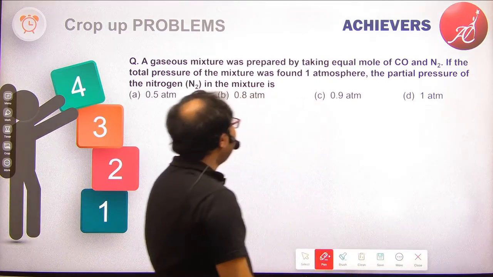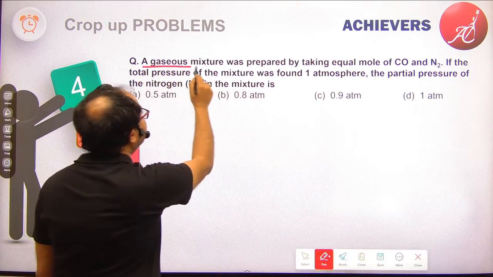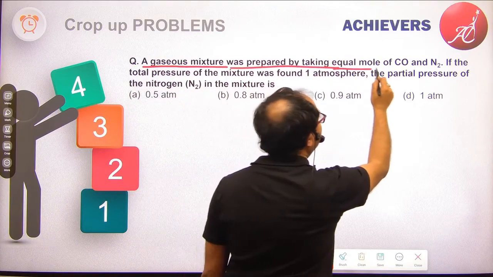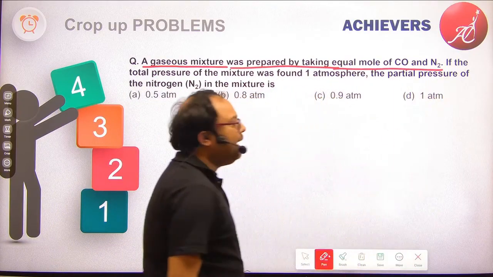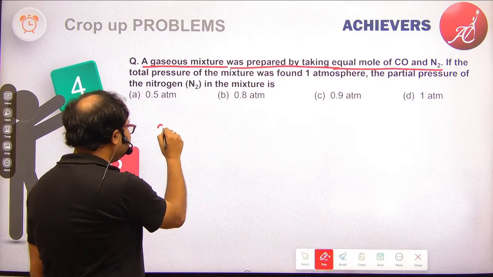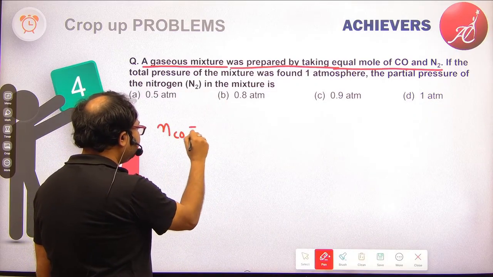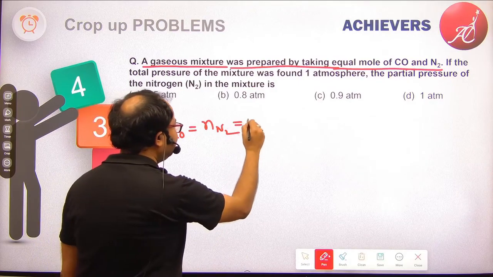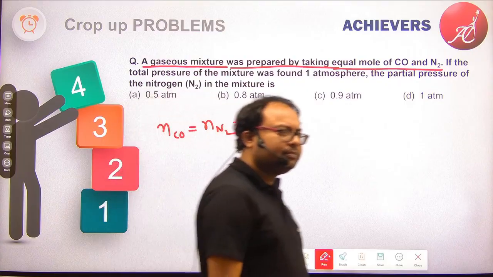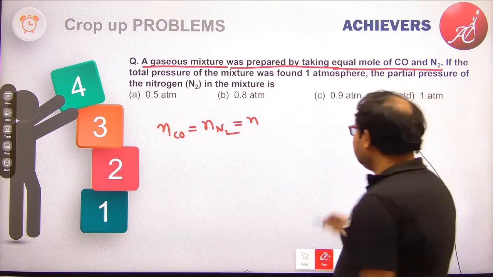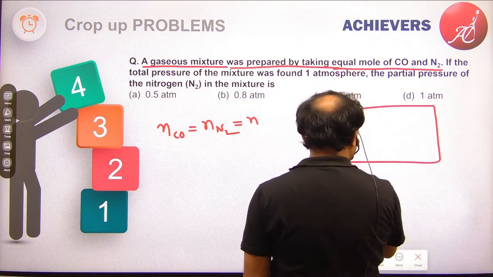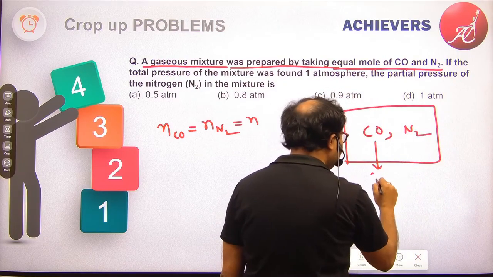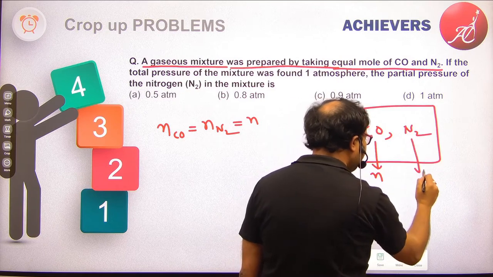So what do you have? You have a gaseous mixture which is prepared by taking an equal number of moles of carbon monoxide and nitrogen. The number of moles of carbon monoxide is equal to the number of moles of nitrogen, say the value is N. So you have a container where you have kept carbon monoxide and nitrogen.